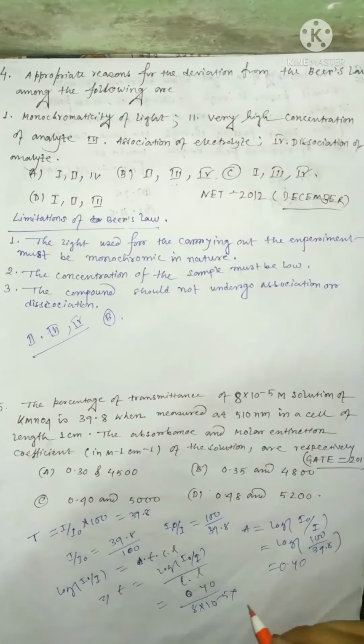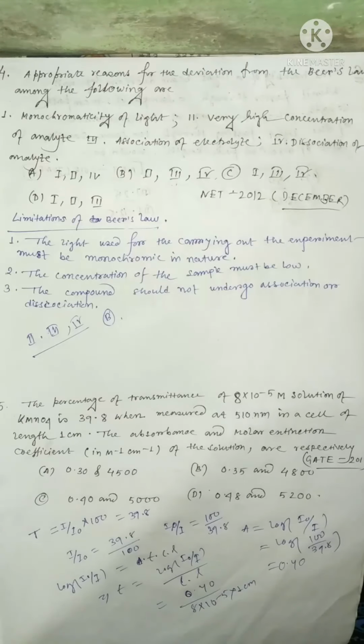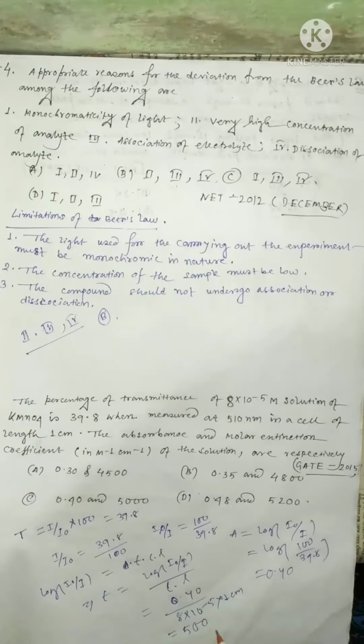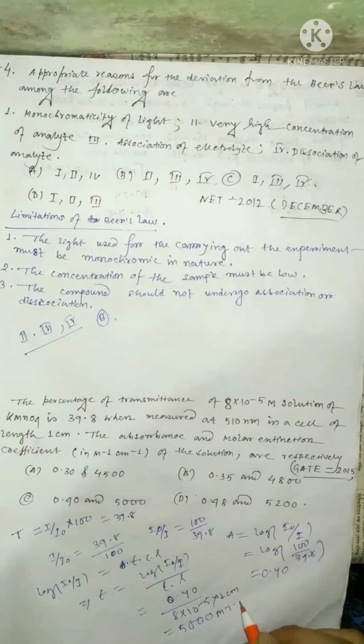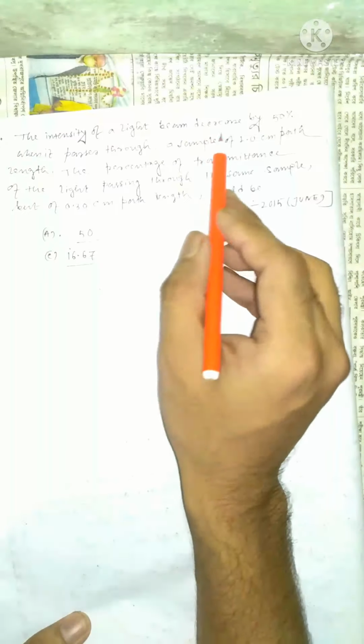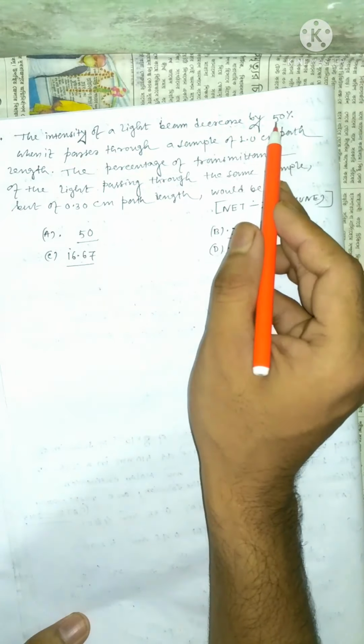Length is 1 centimeter. So 0.40 divided by 8 into 10 to the power minus 5 is 5,000 molar inverse centimeter inverse. Option C is correct.